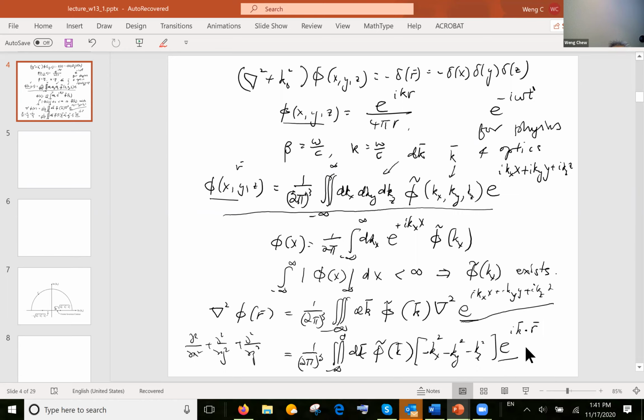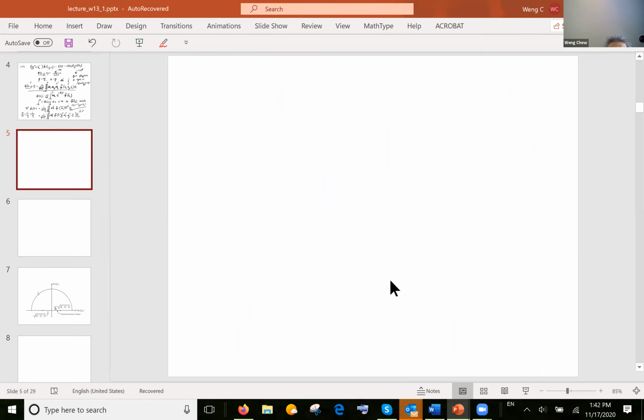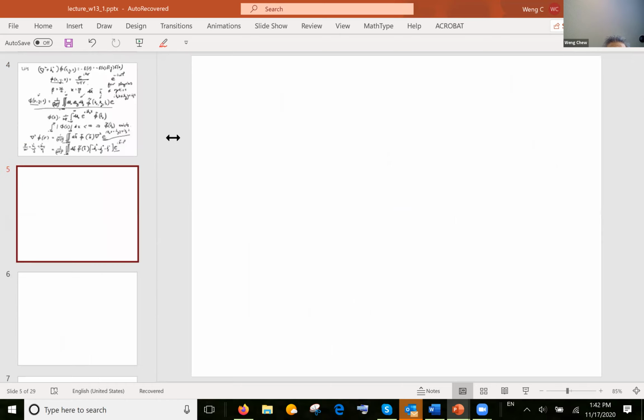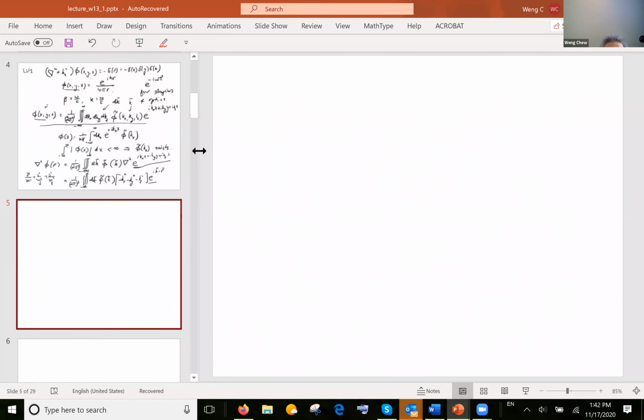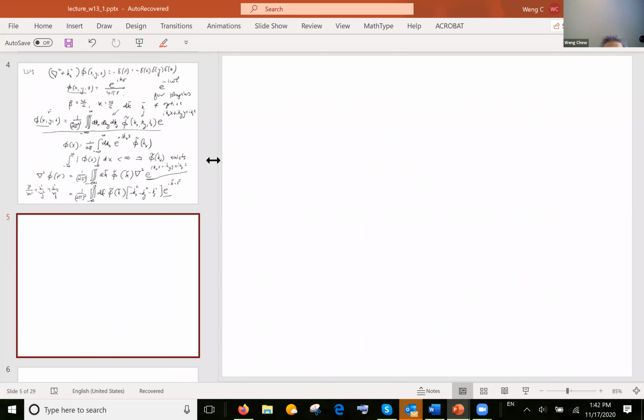Then I can write the left-hand side of this equation. Let me make this bigger so you can see better.